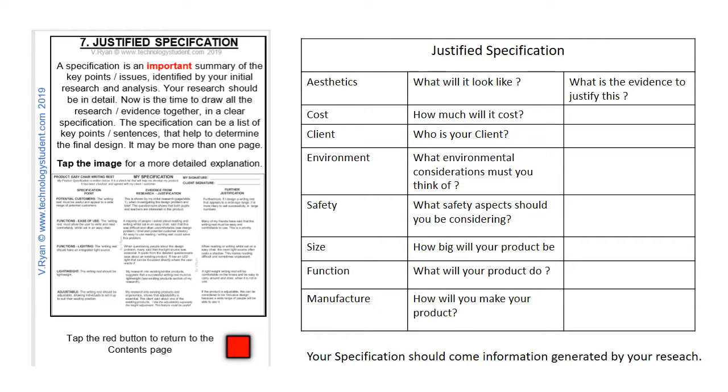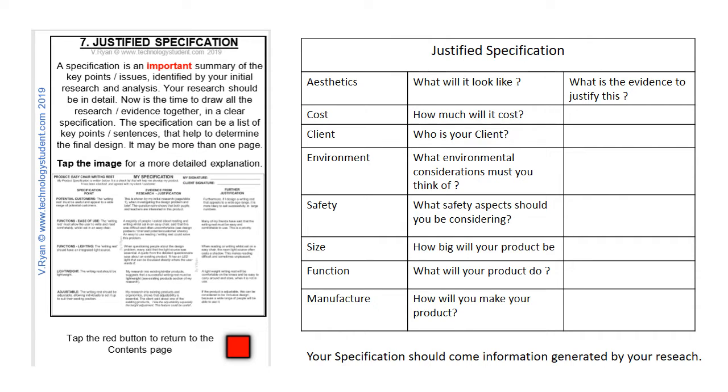In the third column, you need to justify your evidence. So, if you need to decide what color your product is, you could say from surveys from my client, I've found out that they prefer a red writing desk to a blue one. Looking at cost, looking at existing products, see how much they cost, and decide where your product is going to come into that market.